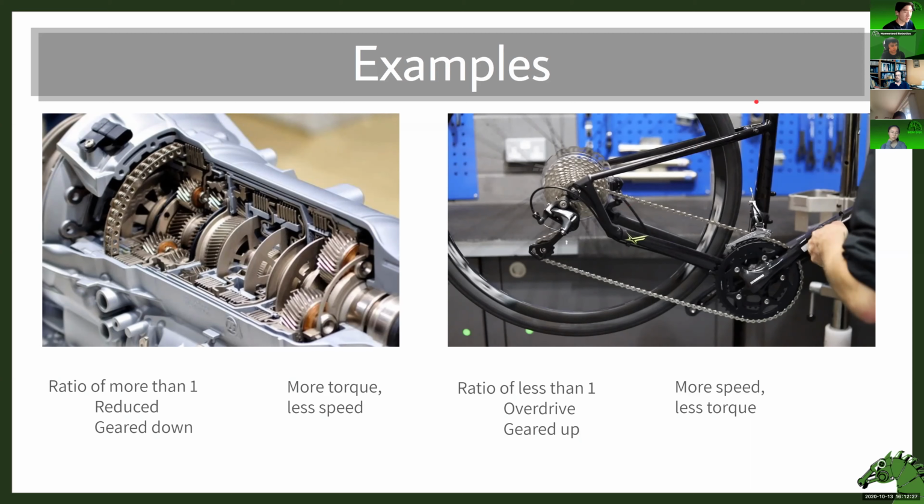Basically on the left there, that's an automatic transmission. I don't know if people are driving, but basically your engine will spin pretty fast. It can go from like 2,000 to like 8,000 RPM depending on what car you have. But you probably realize that your wheels aren't moving at 8,000 RPM. It's because they're reduced by this. It's a transmission, basically.